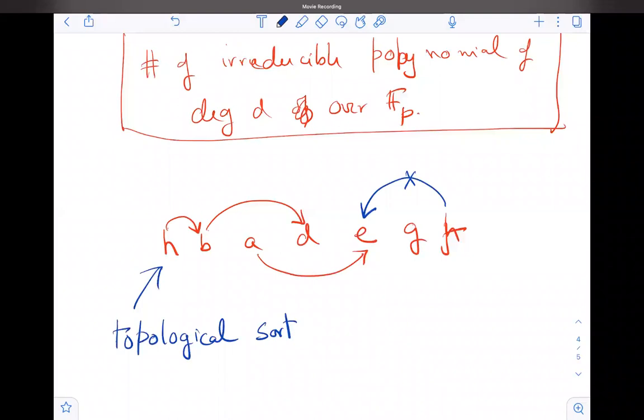To explain this topological sort again. Say I have A, the job, that has to be finished before B. They have to be done, like a priority queue?